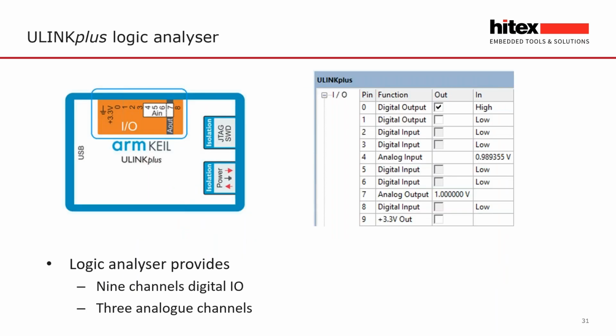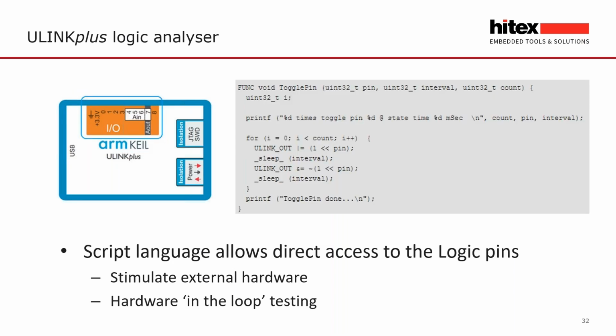The ULINKplus also has a 9-channel logic analyzer as well. So this gives us digital I/O and also analog I/O as well. So we can output and stimulate hardware, and we can also see the state of external signals as well. This is both directly through a window within the ULINKplus debugger, but the logic analyzer is also available via a scripting language within Microvision.